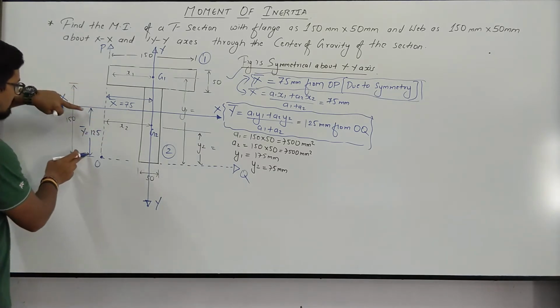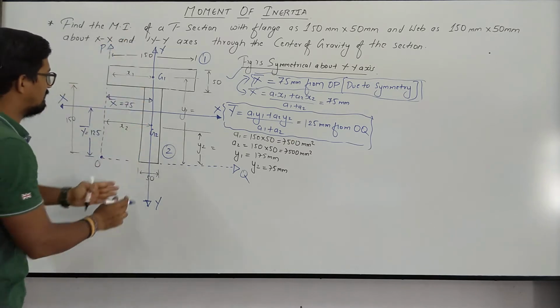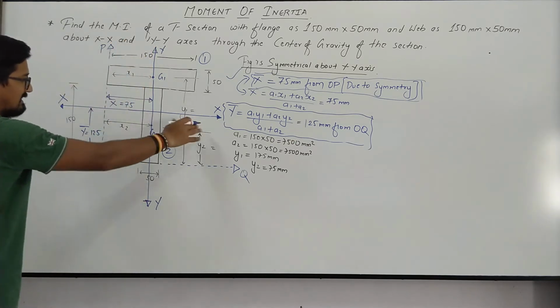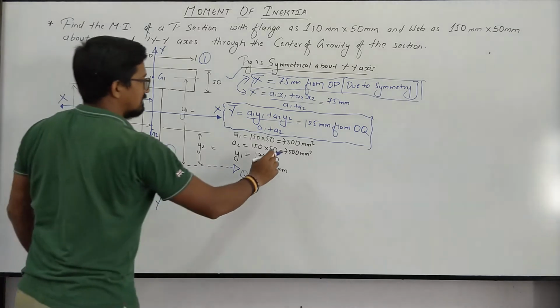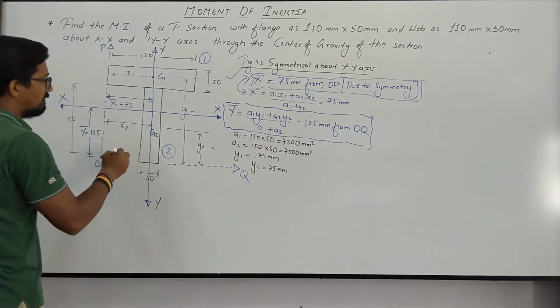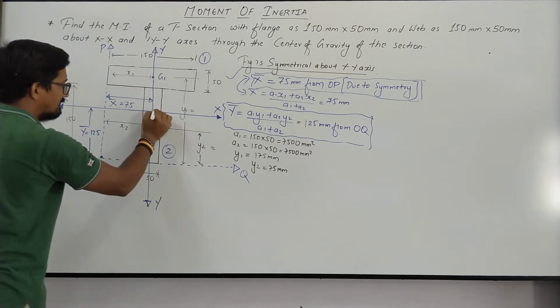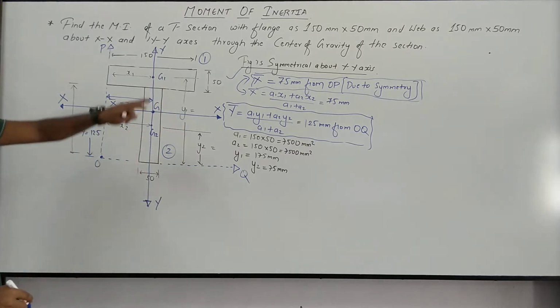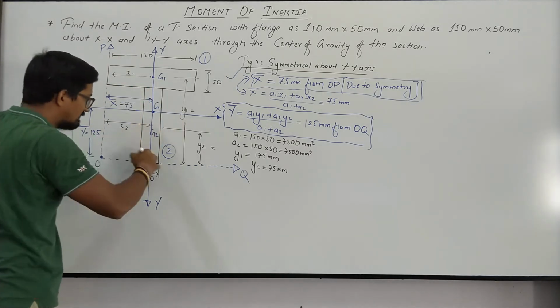So we have got the value of x bar and y bar, which means we have got the position of the y axis and x axis with reference to OP and OQ, correct. The point of intersection of the x and y axis is called the CG. This is the CG or centroid for the whole section.